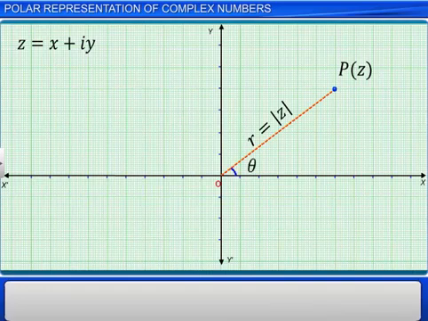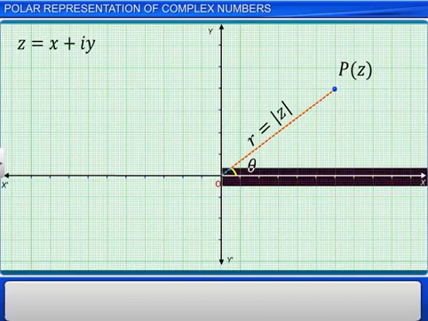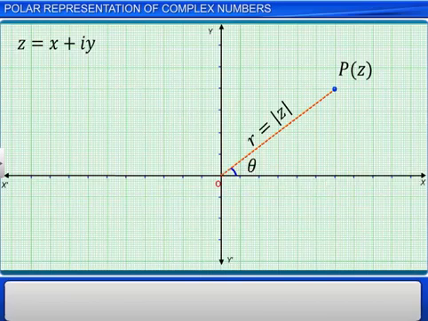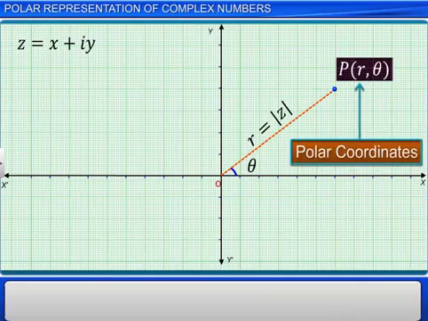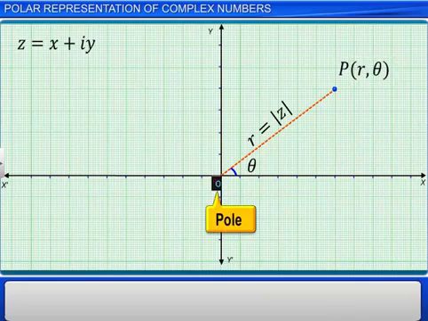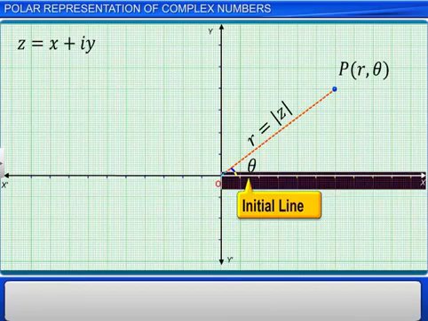Let theta be the angle that OP makes with the positive direction of the x-axis. The complex number z can also be uniquely located in the xy plane by the ordered pair of real numbers (r, theta). The coordinates (r, theta) are called the polar coordinates of point P. The origin is considered as the pole and the positive direction of the x-axis is called the initial line.